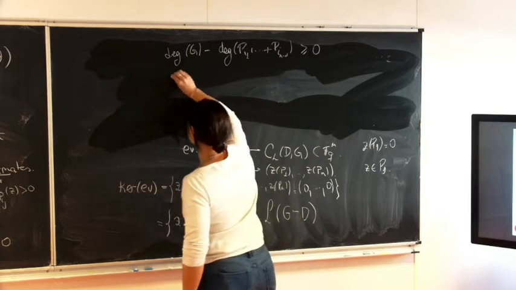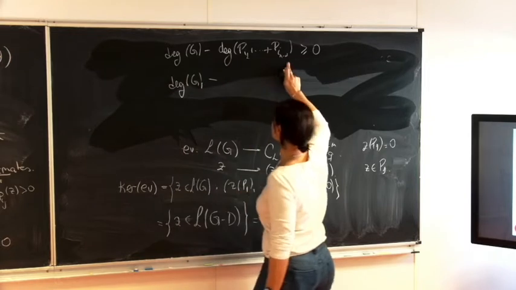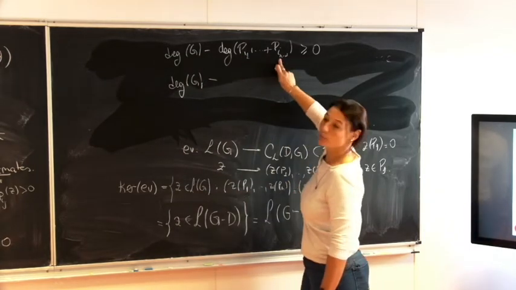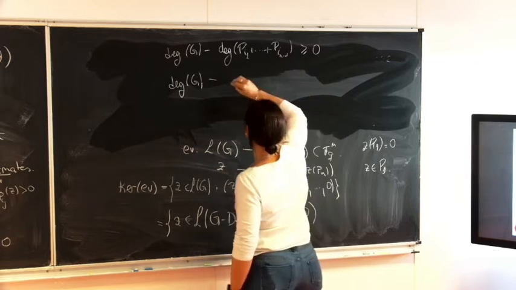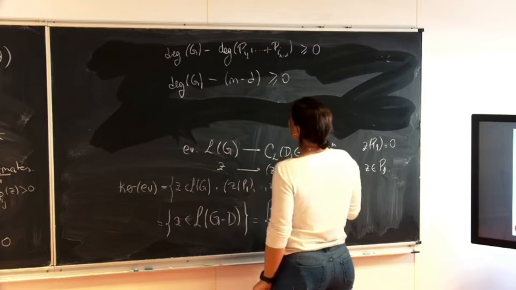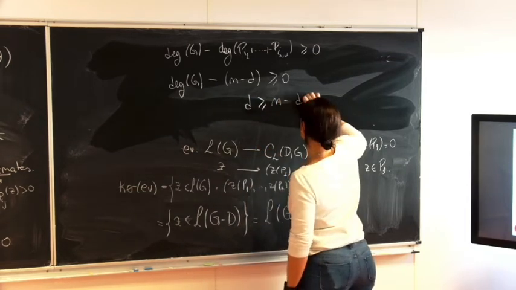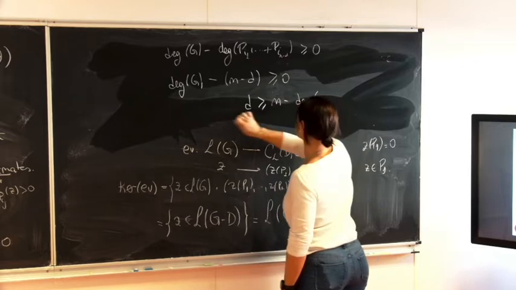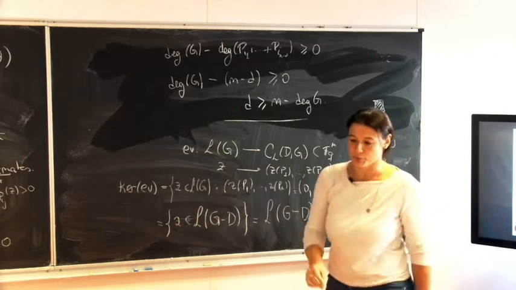Well, the degree of G is the degree of G. And the degree of the sum, since each of these are places of degree 1, is exactly n minus D. And therefore, the minimum distance is greater or equal than n minus the degree of G. And this is what I wanted to prove.